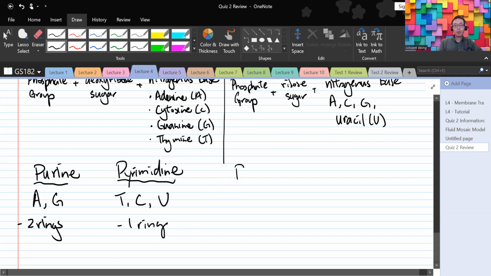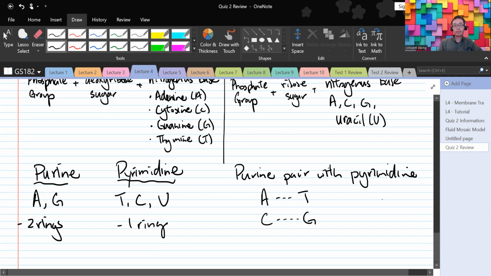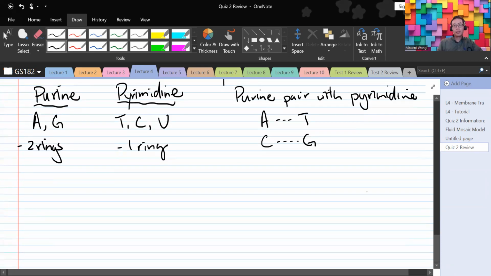You remember purines will pair with pyrimidines. So A pairs with T and C pairs with G. Now along that line, if you remember the base pairing rule, if I give you one strand, you will be able to predict what's on the other strand.